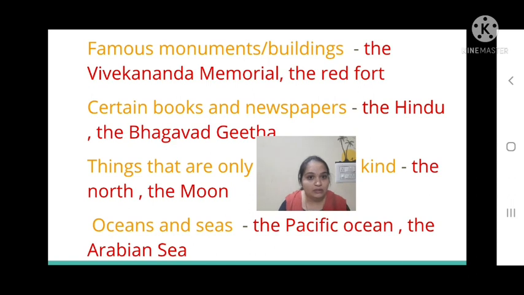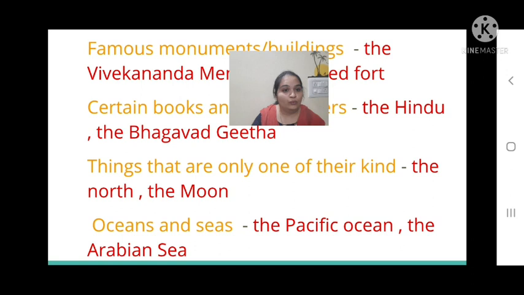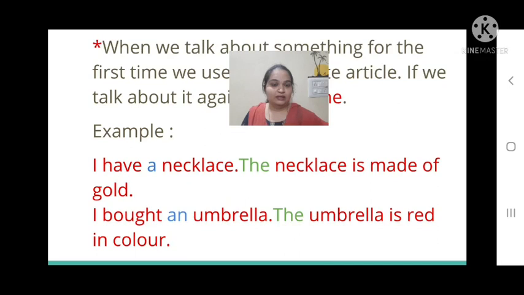And when we talk about certain books and newspapers, for example, the Hindu, the Bhagavad Gita. And when we talk about things that are only one of their kind, for example, the north, the moon, etc. And also when we talk about oceans and seas, the Pacific Ocean, the Arabian Sea.